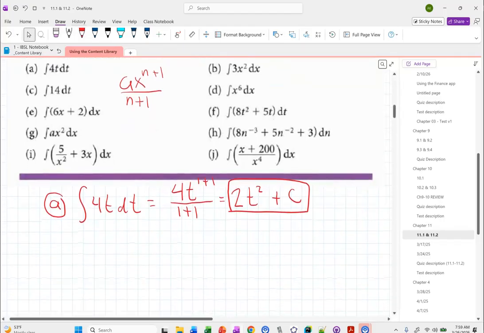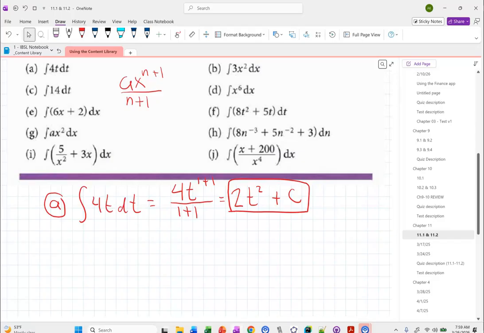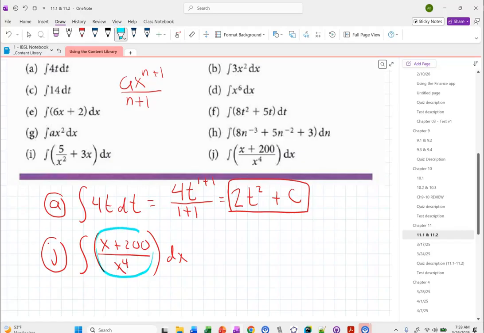Henry, what's your favorite letter here? J. Okay, so J's a tricky one. And the reason J is tricky is that if I look at the thing that I'm supposed to be integrating, this x plus 200 divided by x to the fourth, it's not written as a power function, right?